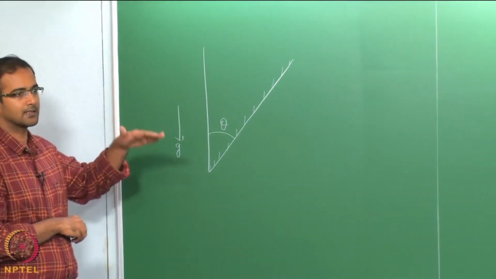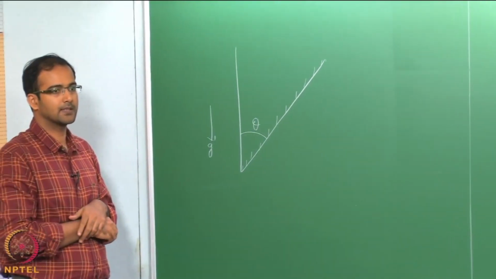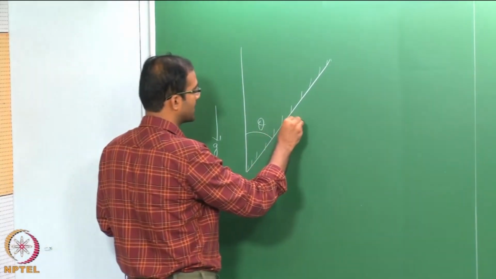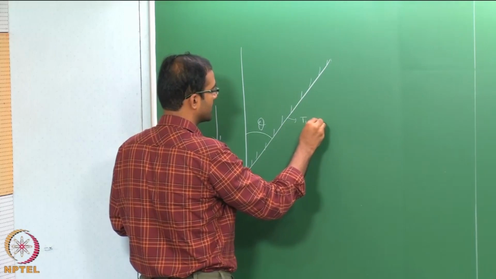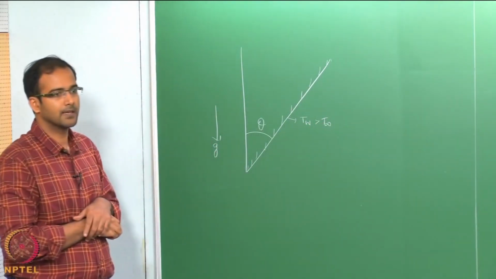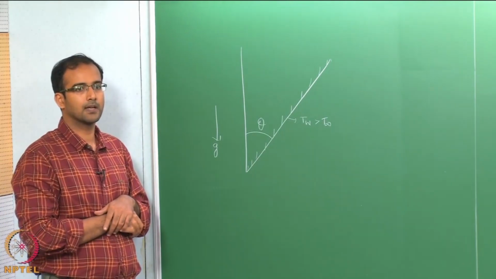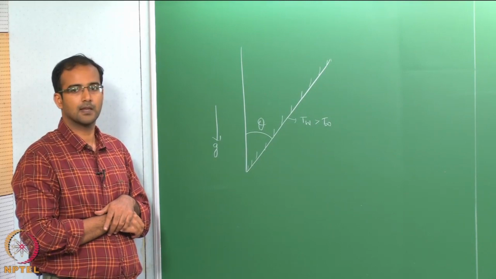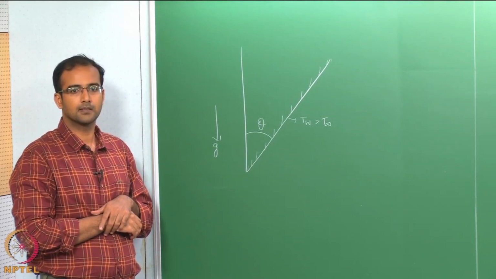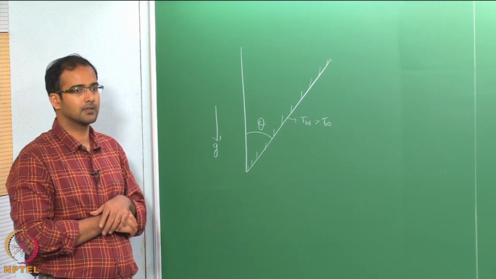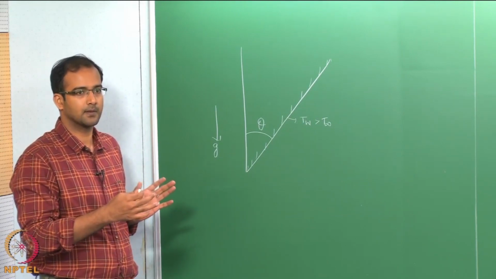So, this is the tilt of the plate facing downward. So, if you heat this plate such that T wall is greater than T infinity, still the same natural convective boundary layer will form, but the only difference is the strength of the gravity will be slightly reduced in this case.